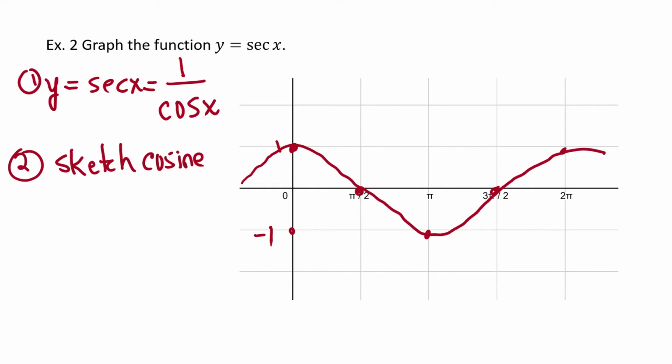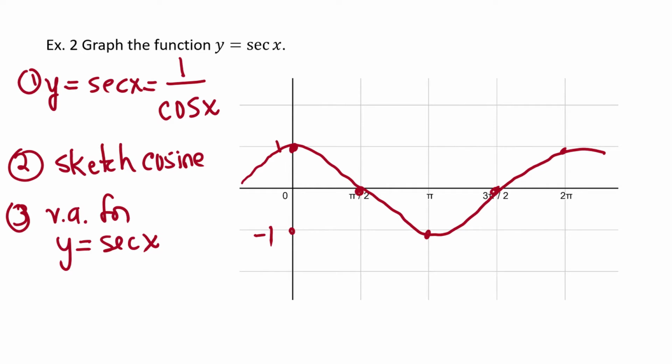The next thing I'm going to do is sketch the vertical asymptotes for the secant function. The vertical asymptotes occur every place you get a 0 in the denominator, and so we're going to draw vertical asymptotes through every place where the cosine touches the x-axis, because that's where it's 0.